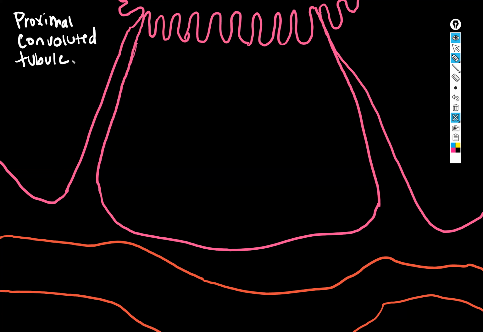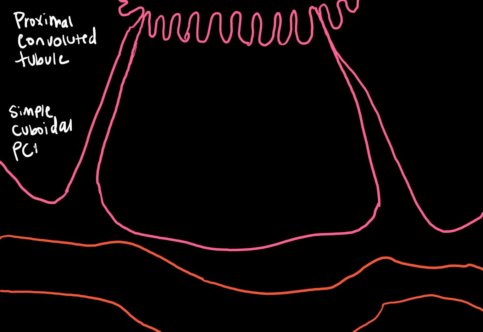But since they are just one cell layer thick, that means that they're only observable microscopically, hence tubule, right? And so this is one simple cuboidal epithelial PCT cell.